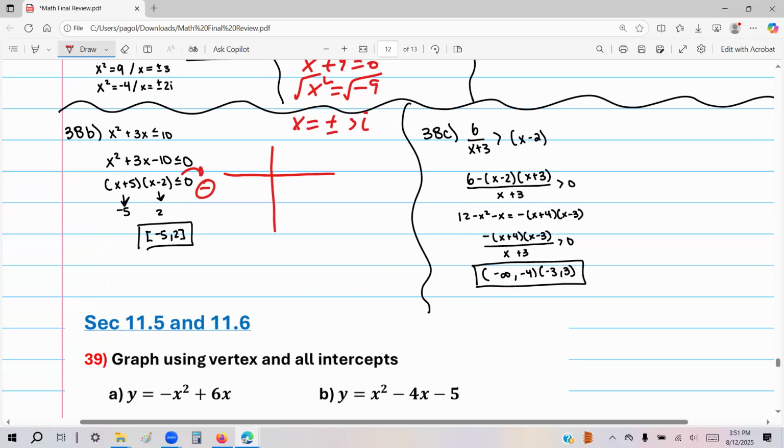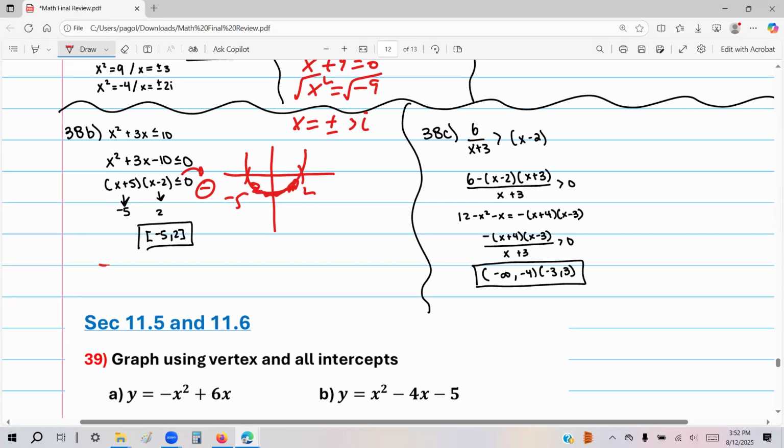Negative. And you have a parabola upward or upside down? Upward. And you have two x-intercepts, -5 and +2. So in this parabola, which portion is negative? Means y is negative. Where do you see y is negative? From here to here. So the answer is from -5 to 2.